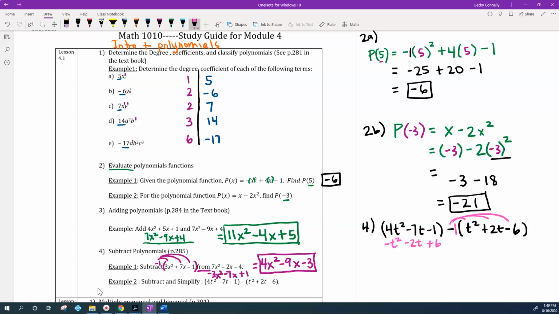All right, so it helps to distribute those through first, and then really what we're doing is we're adding these together now. Right? And so that's going to give me 3t squared. All right, remembering that you can only add like terms together. Minus 9t, and then plus 5. So that's what this is going to equal when we combine those together.